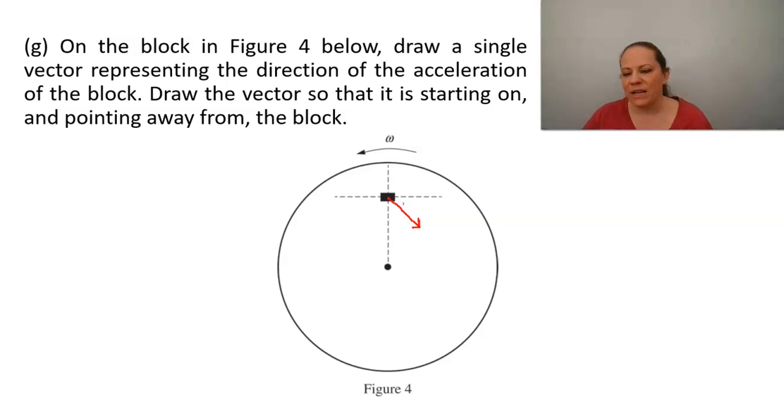Our final point here for this question is for an arrow starting on the box and pointing down and to the right.